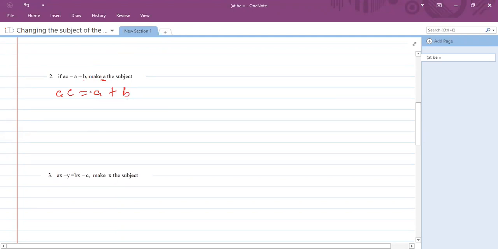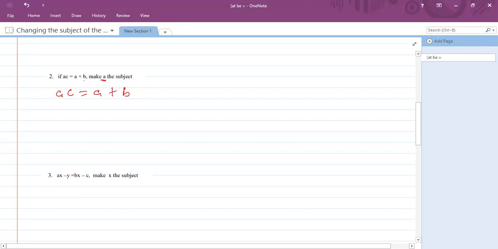When you have something like this, anybody have any idea? The common factor. Right.